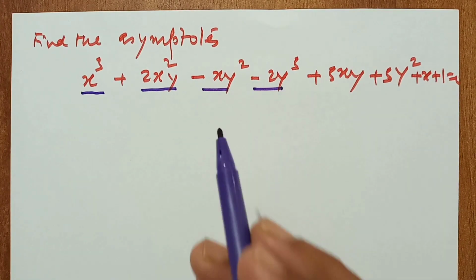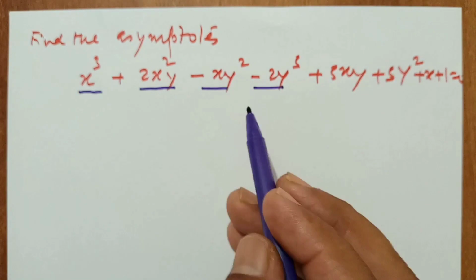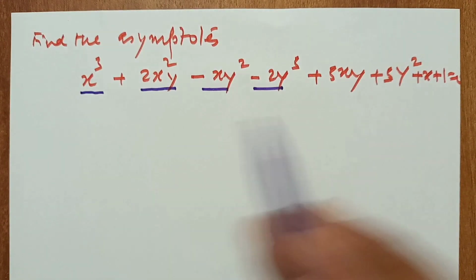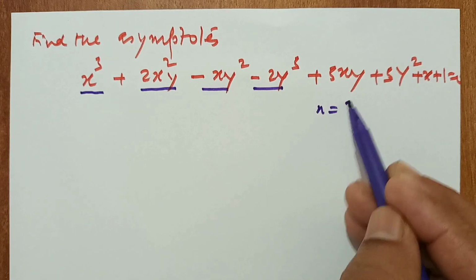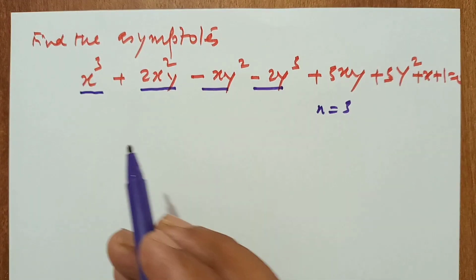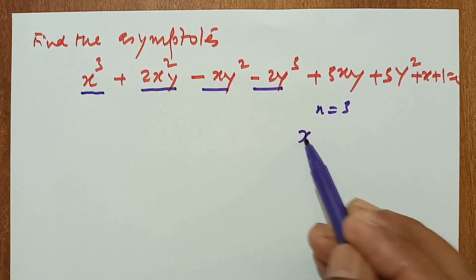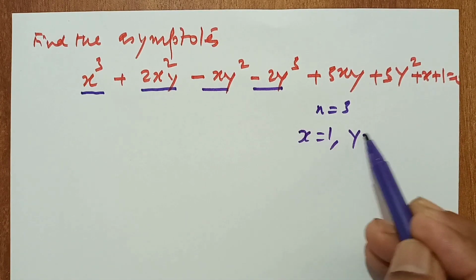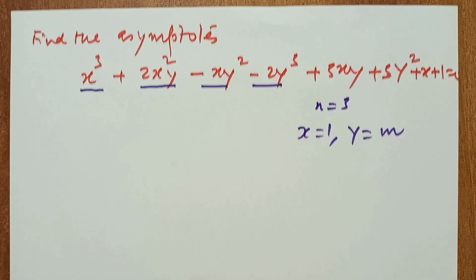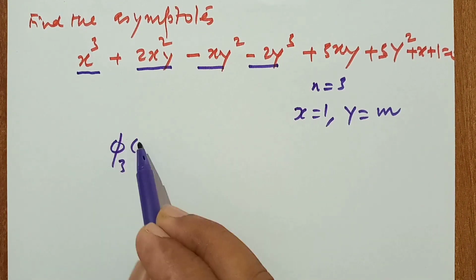So very carefully we see the highest degree terms, and here n is equal to 3. In the highest degree terms we put x equal to 1 and y equal to m. So first we calculate phi 3 m.